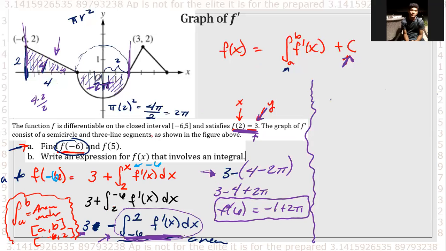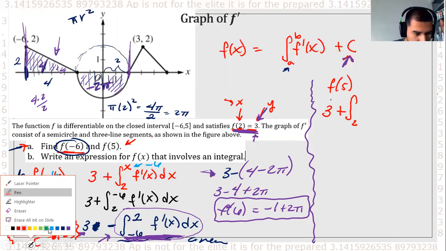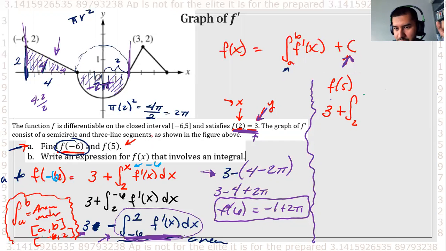All right. The next one says f of 5. So f of 5 is the initial condition 3 plus the area from the initial condition's x value, which was given to me. It is a 2, and the value I'm looking for appears to be 5, right?